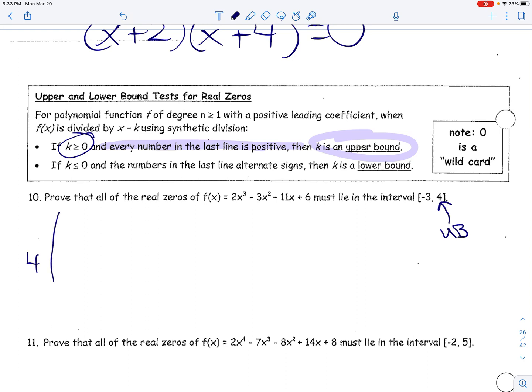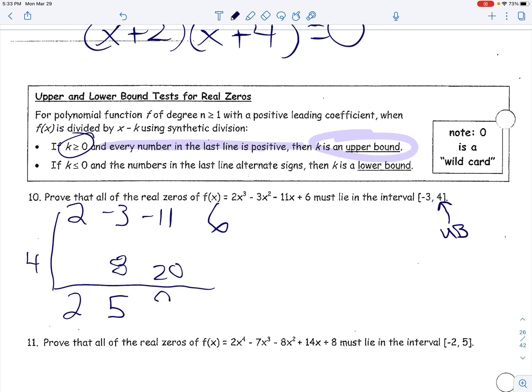So when you do the synthetic, like I said, I'm just briefly talking about this. All right, just to show you. Now, we're not trying to show that there's a root here. All of the numbers in the last line here are positive, right?